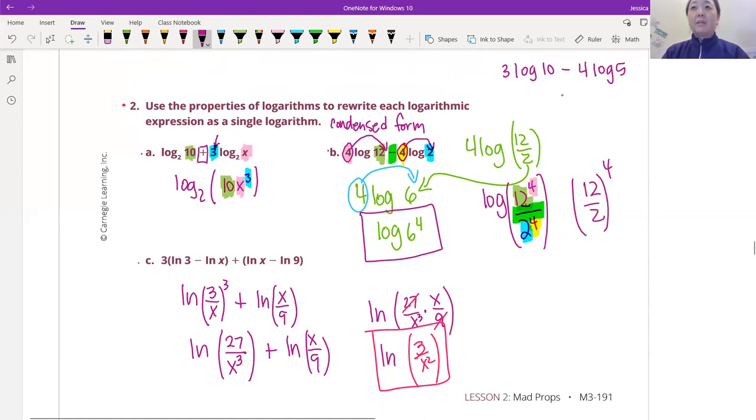If we did log of 10 divided by 5, then what exponent would we use? We can't do that. So this one would be a little bit different. It's the same idea: I'm just going to go 10 to the 3rd power, you bring the coefficient back to the exponent, and then divide, since that's minus, by 5 to the 4th power.